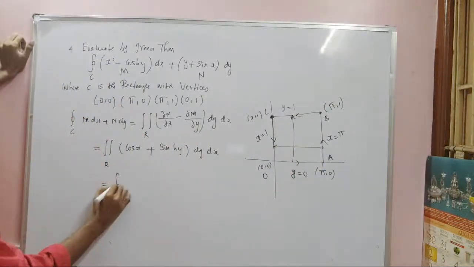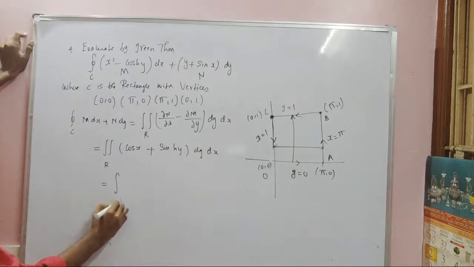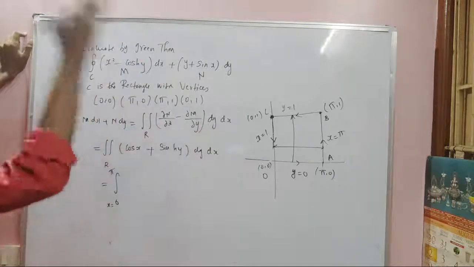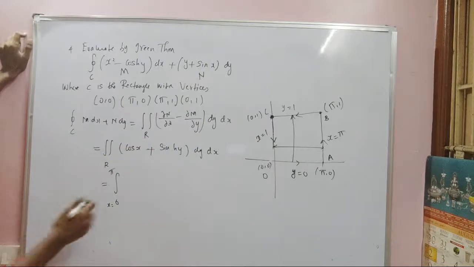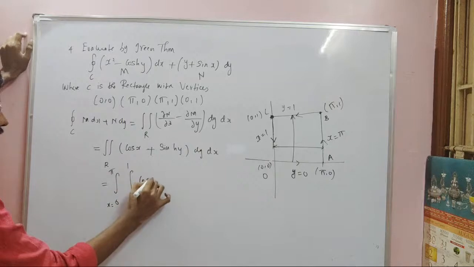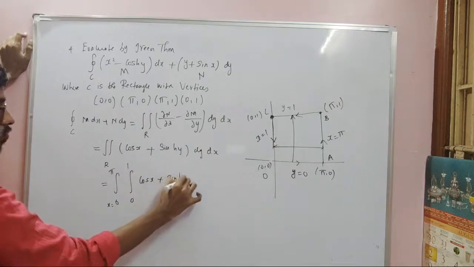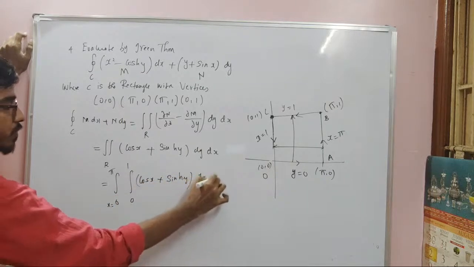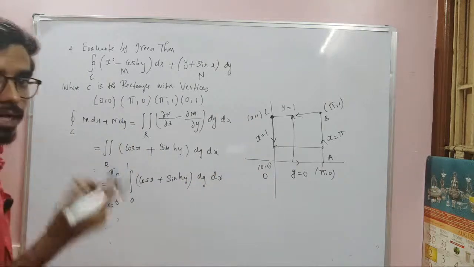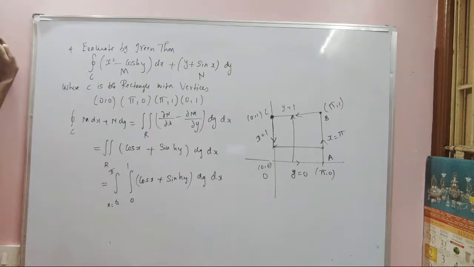So this is nothing but the integral with x from 0 to pi and y from 0 to 1 of cos x sinh y dy dx. With line integrals we will have 4 parts that will take time, but this way you have only a single integral, so we will finish this very easily, right?